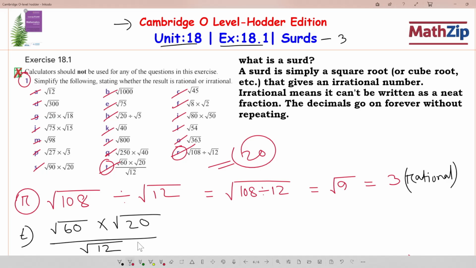Surd is very important, and please note that you shouldn't confuse radical and surds. Once you use a root sign, it's a radical.